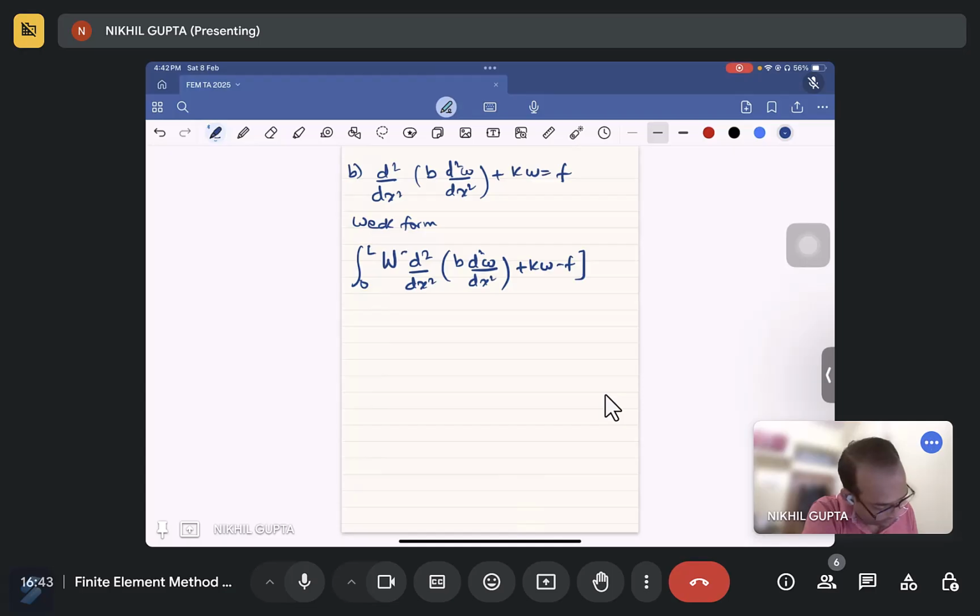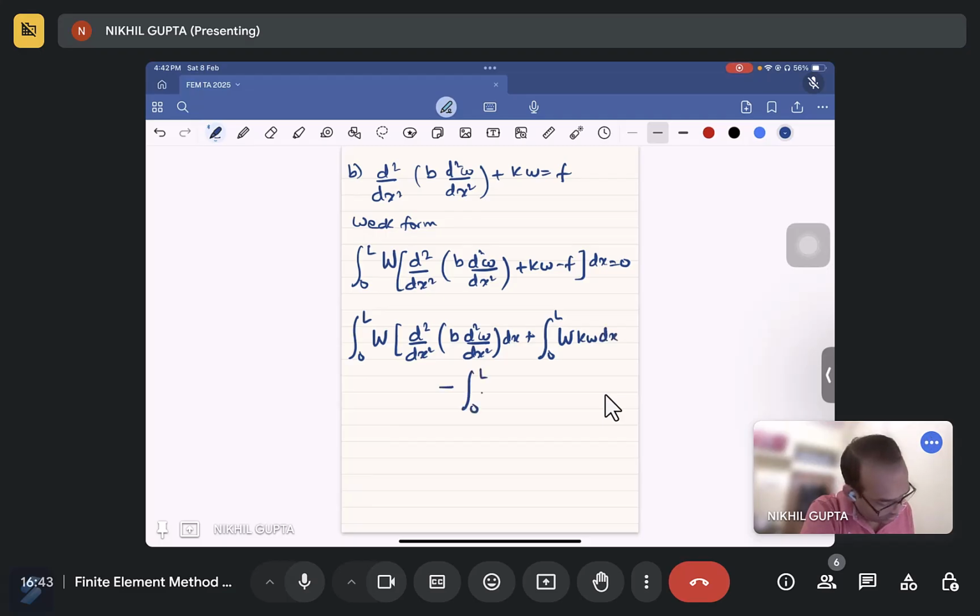Then the integral from 0 to L of w d2 by dx2 of d2w by dx2 dx, plus the integral from 0 to L of w k w dx, minus the integral from 0 to L of w f dx, is equal to 0.